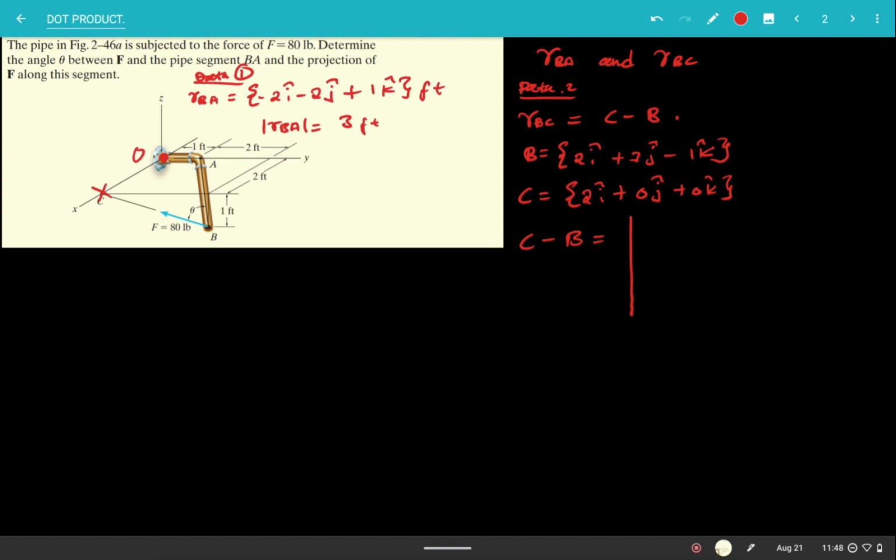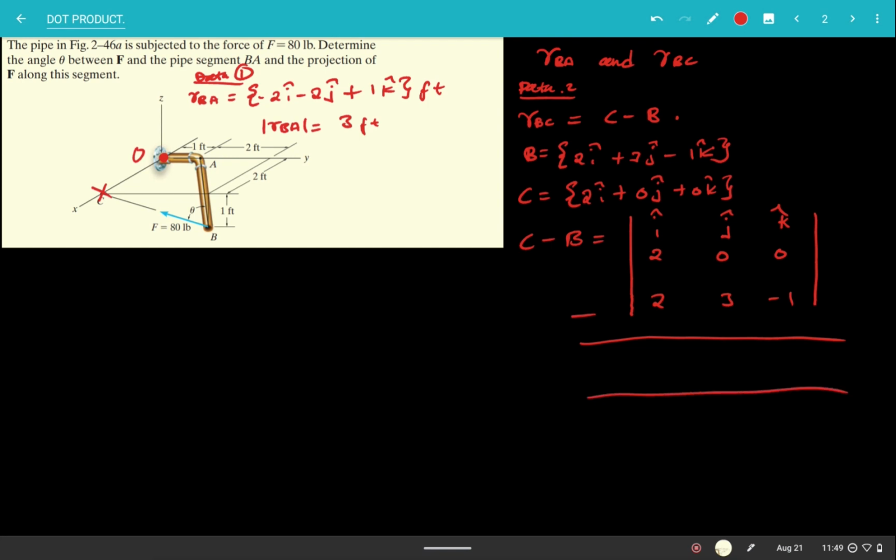Upon having this information, you can now compute C minus B. C minus B simply means we get the C values, which is 2, 0, and 0, then the B values, which is 2, 3, and minus 1. We know this is in the I, this is in the J, and this is particularly in the K. If we do our algebra, we'll have 2 minus 2, which will be 0, 0 minus 3, which is minus 3, and then we'll have 0 minus minus 1, which will give me a plus 1.